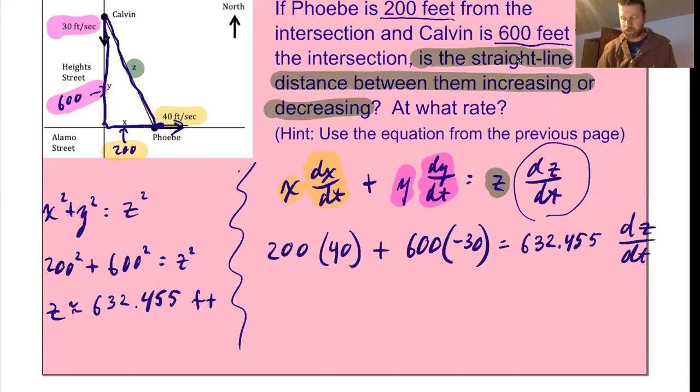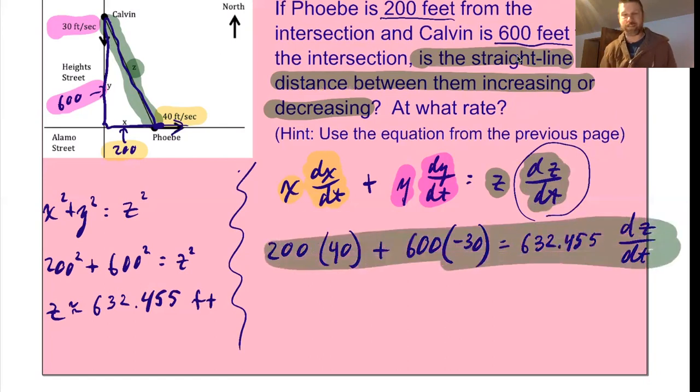In other words, I'm trying to find the rate at which z is changing. In calculus, what's the expression for the rate at which z is changing? It's dz/dt. So I'm trying to figure that out. I've got an equation here. Here's everything filled in. The only thing I'm missing is dz/dt.